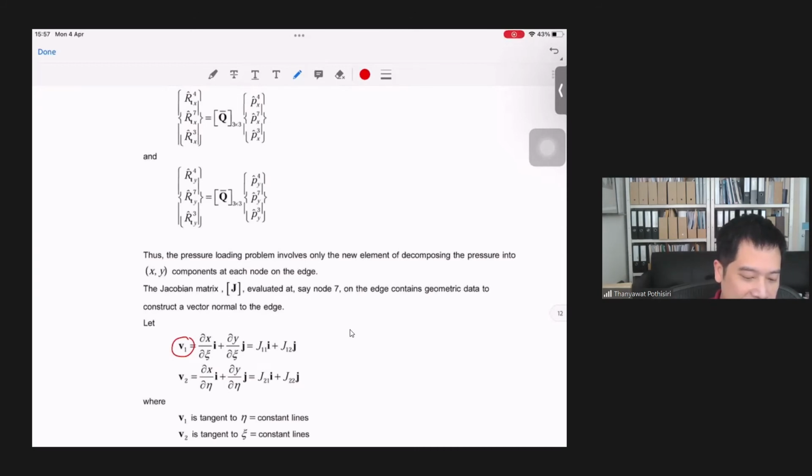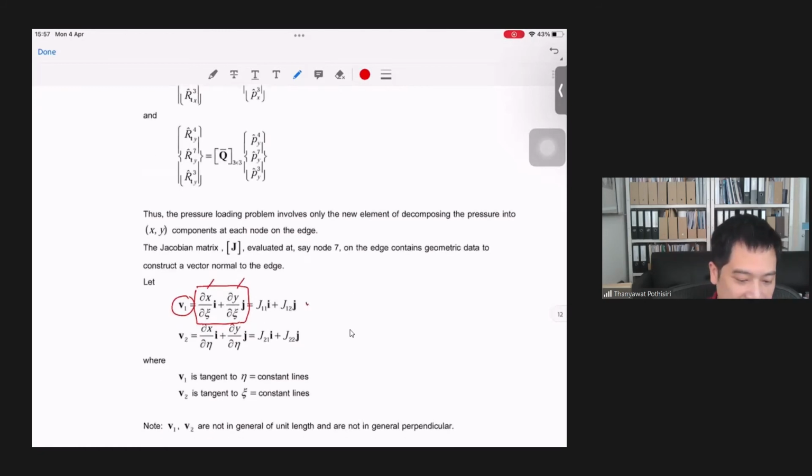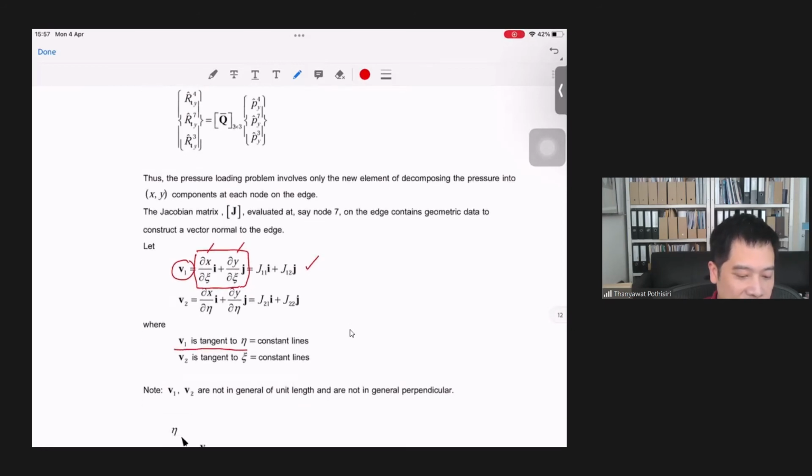So we get this vector right here for your tangent vector. Again, this is j11, this is j12. So you have this relationship here. So V1 is the tangent vector to theta equal constant lines.